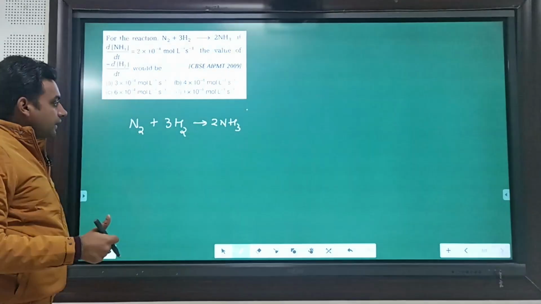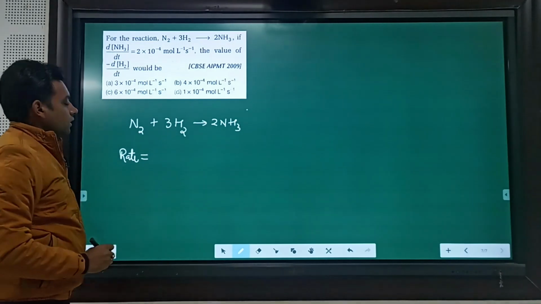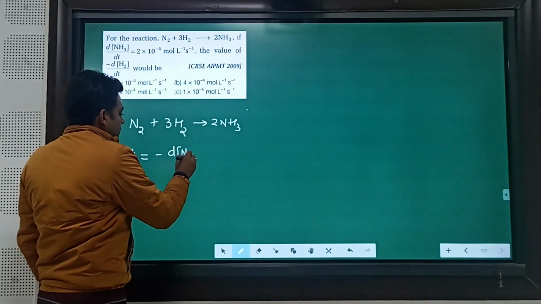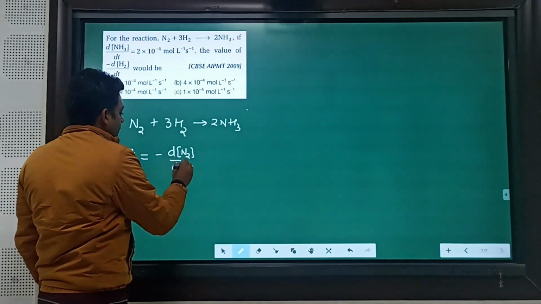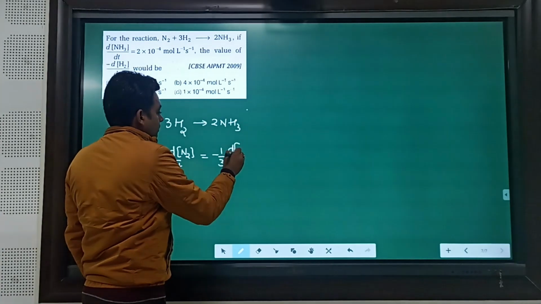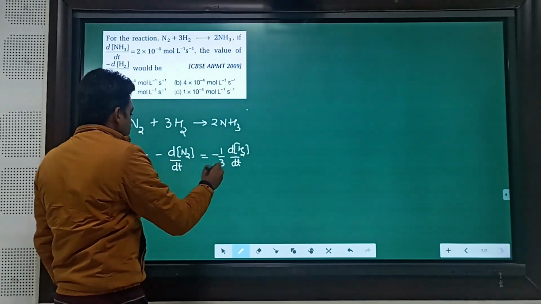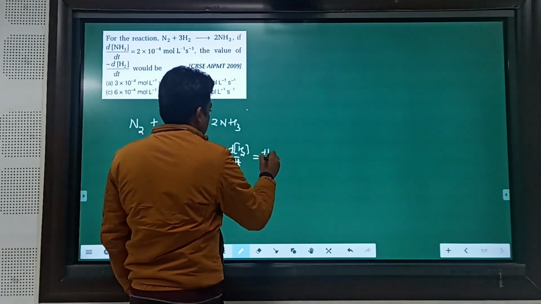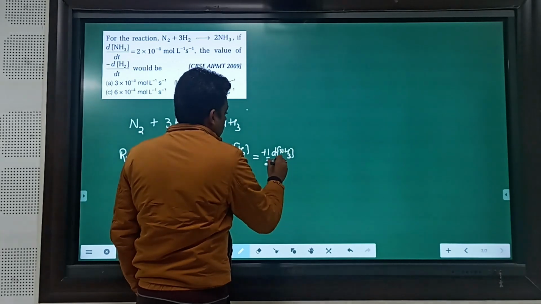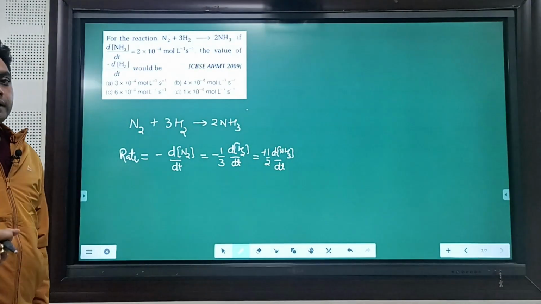So that is the given reaction. So the rate of reaction, first one, N2 is the reactant, so minus dN2 by dt. Hydrogen is also a reactant, so minus 1 by 3 dH2 by dt. And finally for the product, it is equal to plus 1 by 2 d ammonia by dt. So that is the rate of reaction in terms of reactant and product.